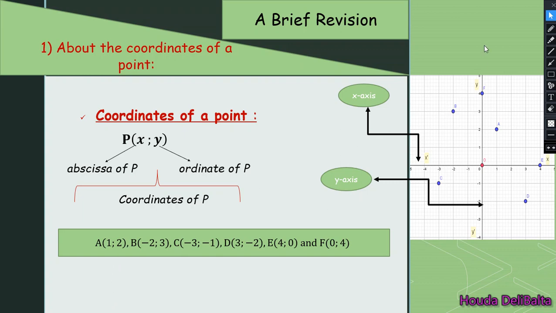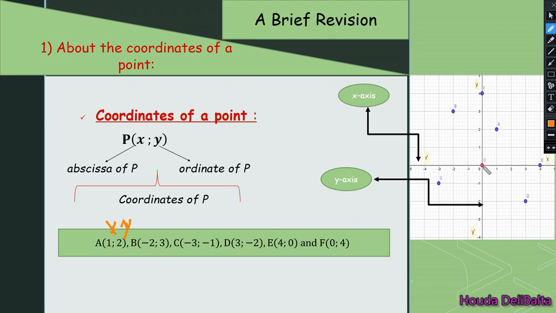That means 1 represents the abscissa x, and 2 represents the ordinate y. The first one is the value of moving along the x-axis, and the second one represents the ordinate. So let's see how A is plotted.